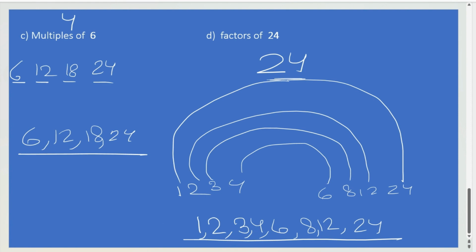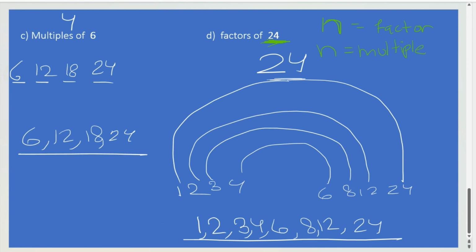And I also wonder if you guys noticed. Now we've been doing factors of 24, but did you guys notice 24 is a multiple? It's also a factor, but it's also a multiple. So what I'm saying is, every number, so let me just write this. Every number, any number, is a factor and a multiple.